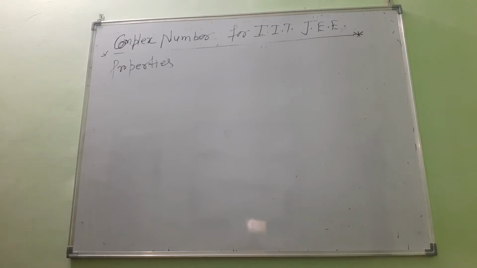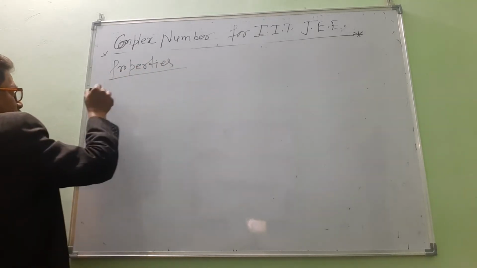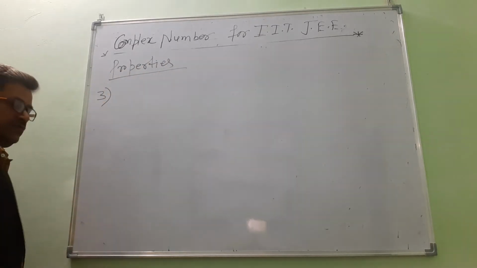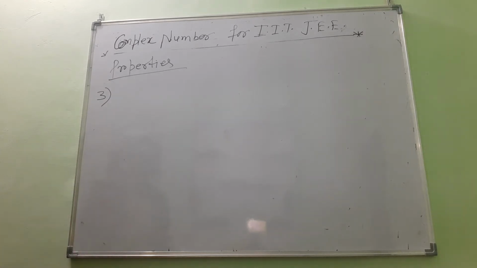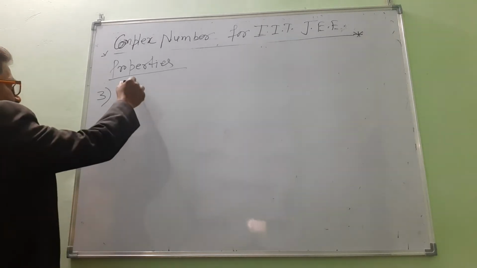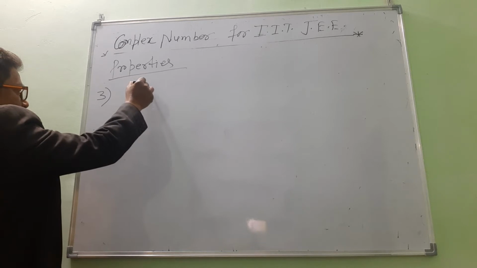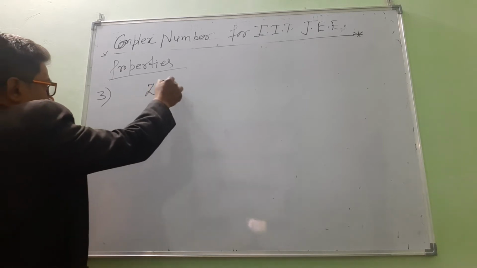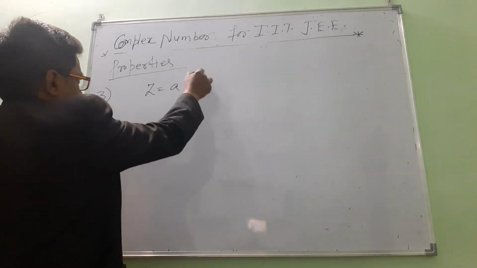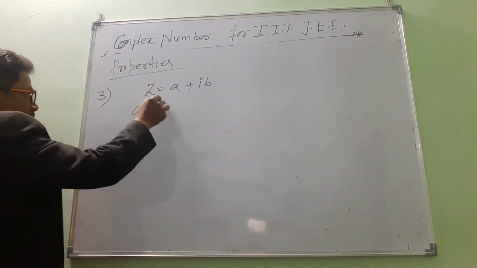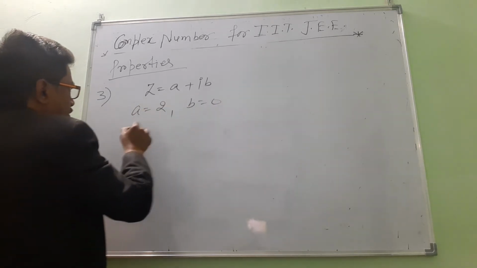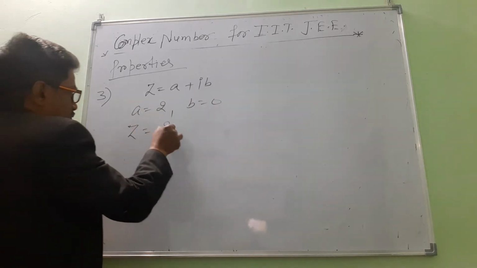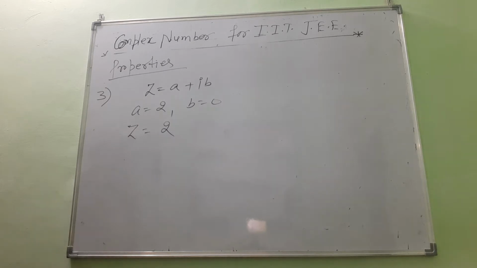Now we move towards the third property, and the third property is what? Let us see. What about 0? Suppose z equals a plus iota b. If we put a equal to 2, b equal to 0, we get z equal to 2, a purely real number.